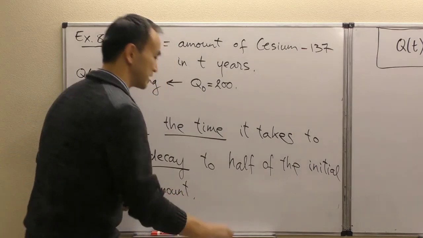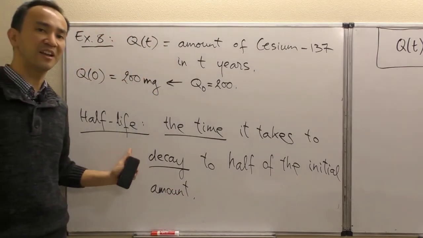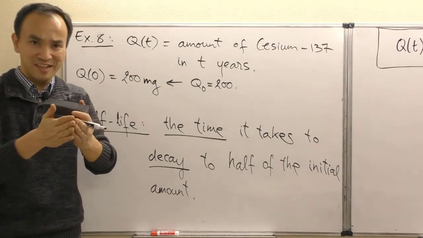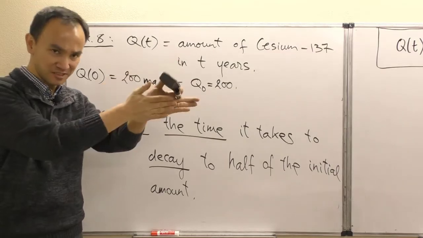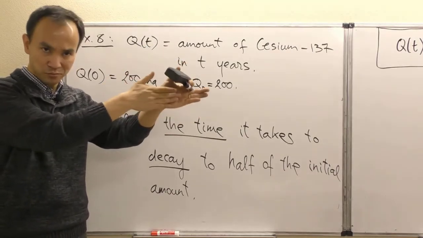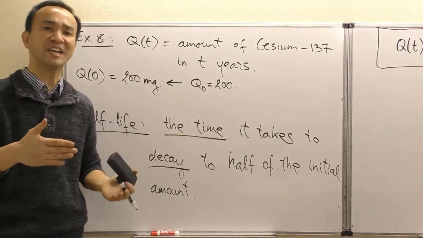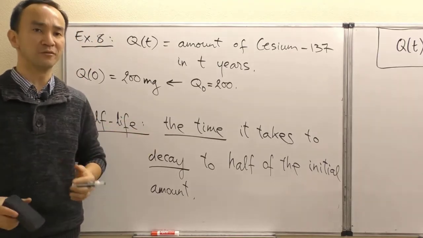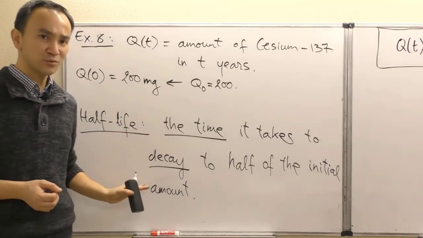That's how we understand what half-life is. It's a convention to indicate how long it takes for the substance or element to reduce down to only half of what it was originally or initially.